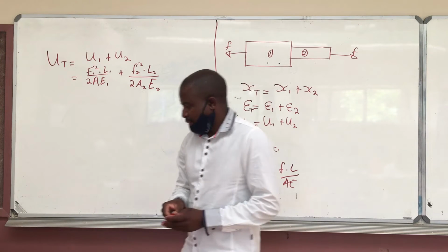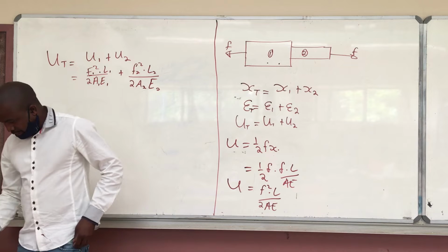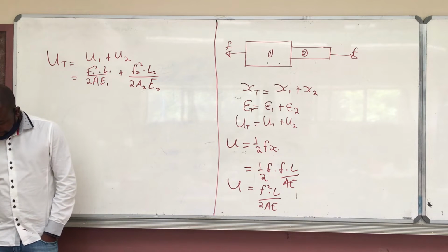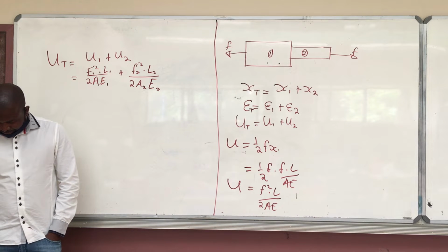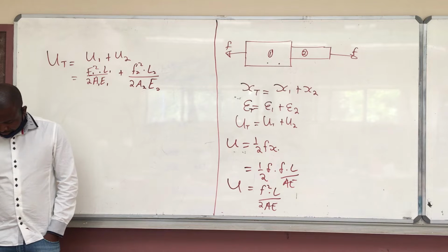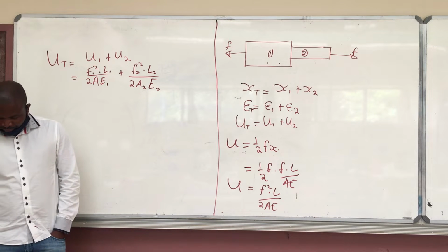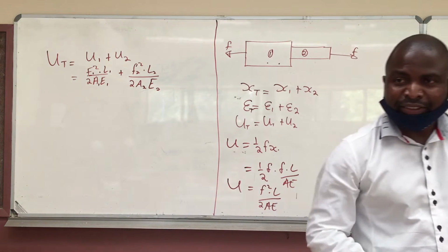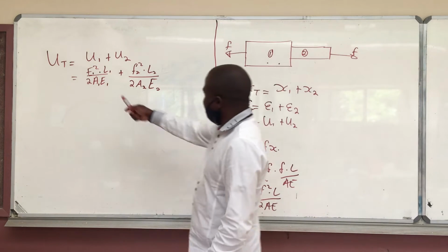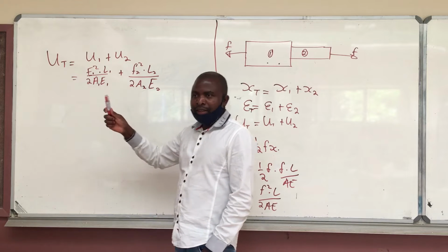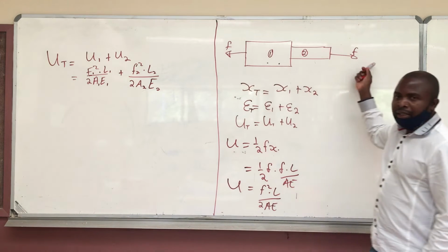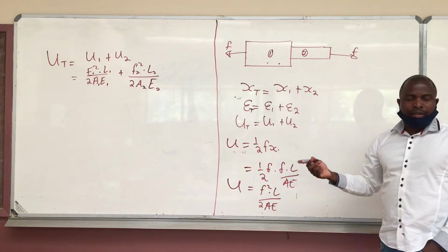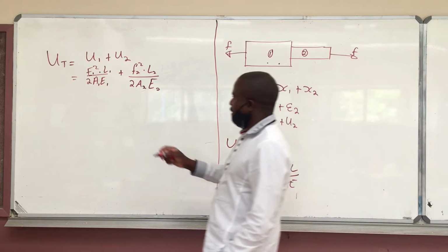With that equation, what can we say about the equation that I just wrote? The forces are the same. This force and this force are the same, because it's the force which is being applied, meaning these two have the same force.